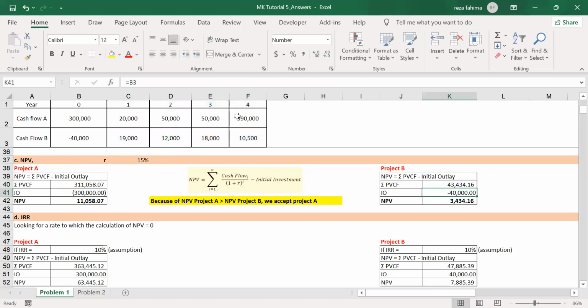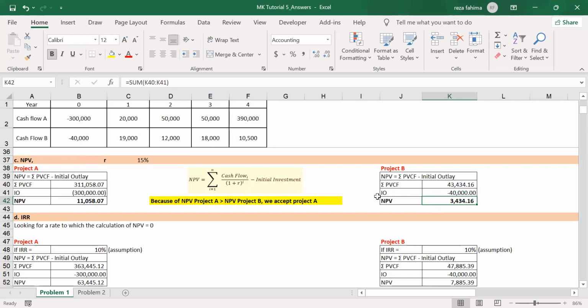And then we get our sum of PVCF is 3,434.16, and then we get our NPV by subtracting the sum of PVCF and the initial outlay, and we get the NPV 3,434.16.